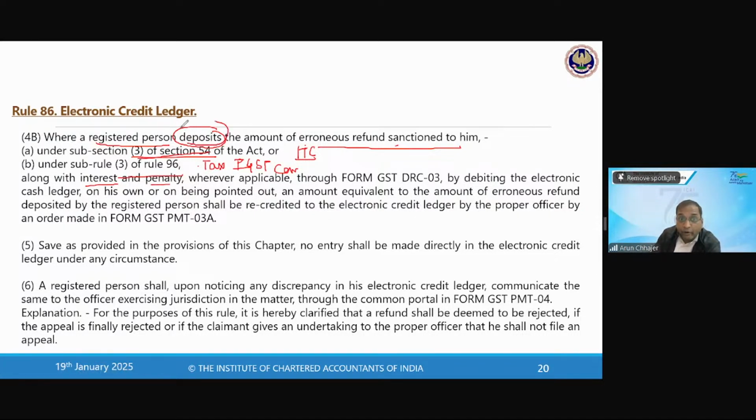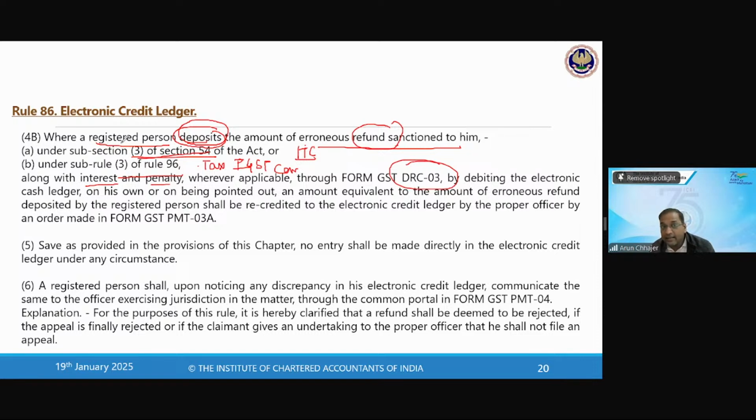If someone has deposited, what have they deposited? The refund. It means I have discharged my liability, I have the ITC or the IGST paid, on which I have taken the refund, but the refund was erroneously granted to me or it was granted in excess. So the refund which I have received in excess, I now have to pay back. That will obviously be paid by DRC-03.